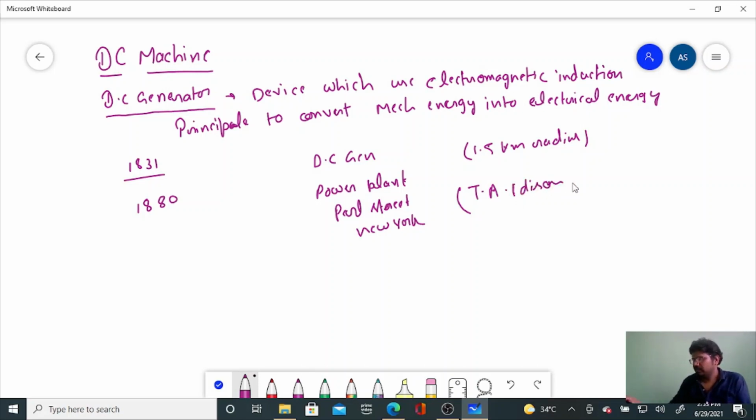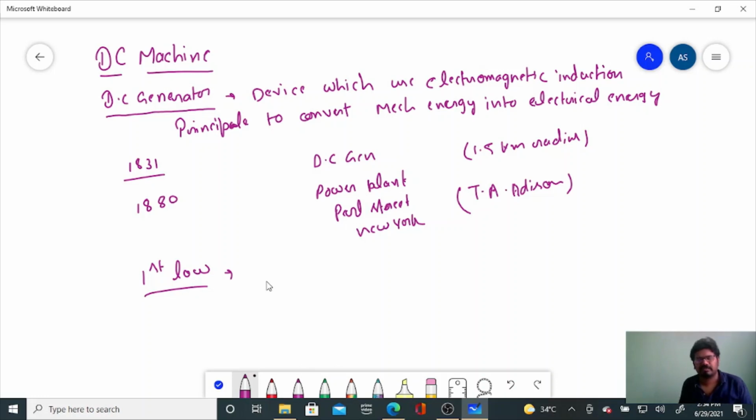Okay. So what were the two laws of Faraday? The first law was what? If there is a flux cutting by the conductor, or if there is a flux linkage with the conductor, then there will be an induced EMF in the conductor.